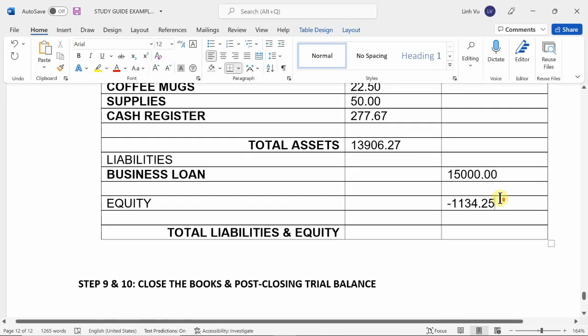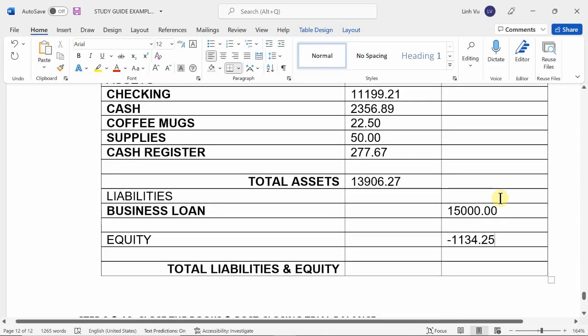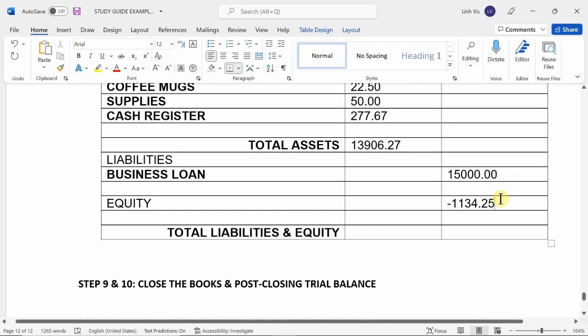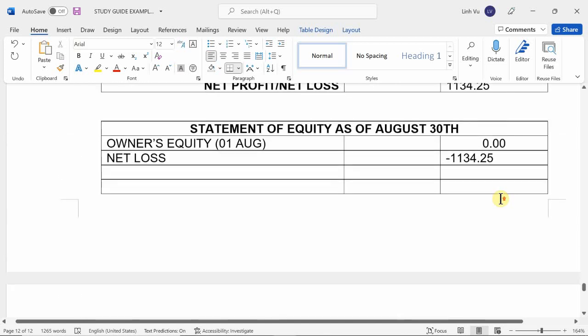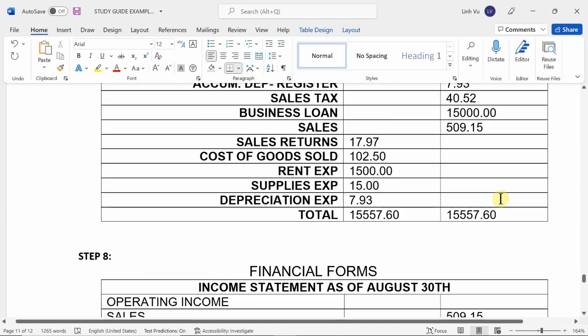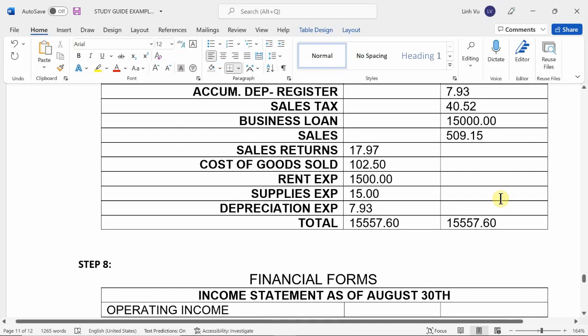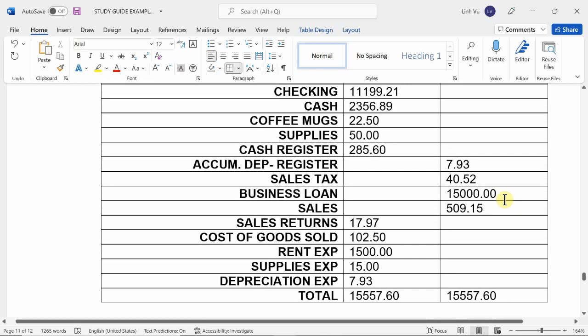Okay, so let's see what your total liabilities and equity are, right? That's all I have for these accounts. Oh, wait, I do actually have the liability of the sales tax.